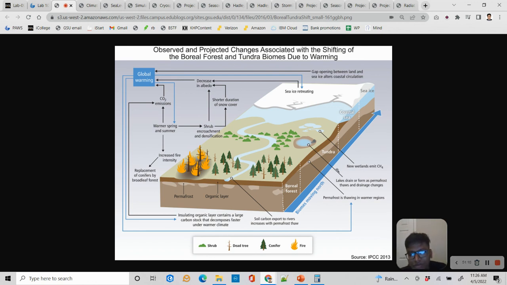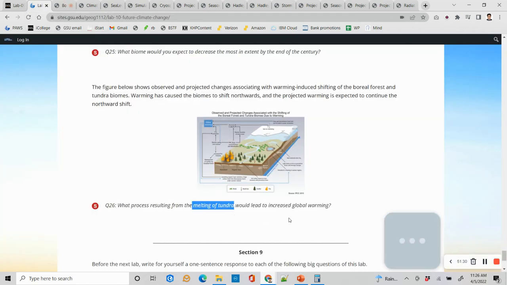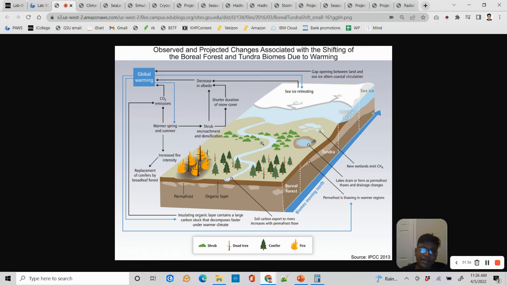You can go for the description. If the melting of tundra is happening, lakes drain, and permafrost turns to warmer regions. Lots of new land is exposed, and that new land is emitting methane. That's what's happening in tundra. And as you know, methane is a greenhouse gas.